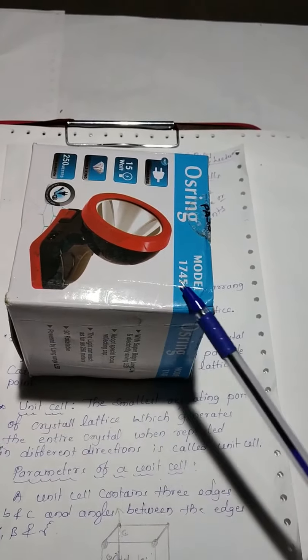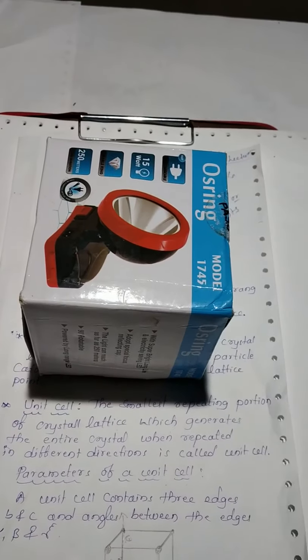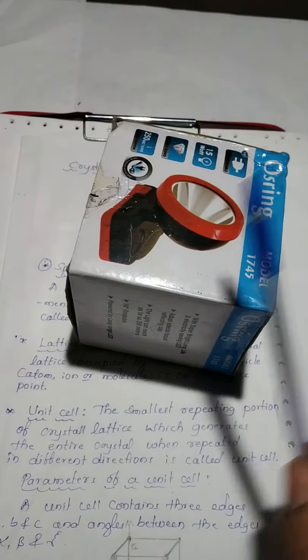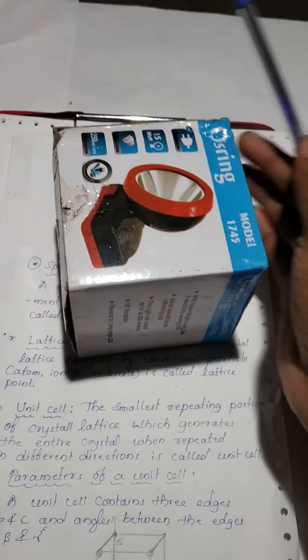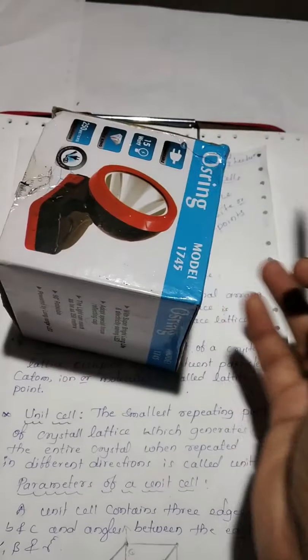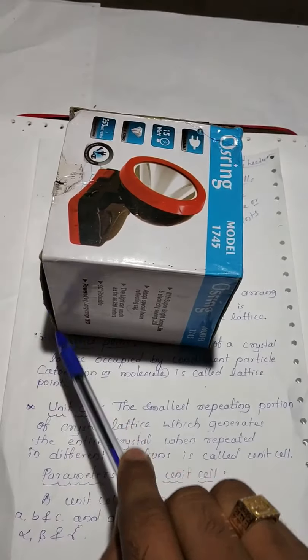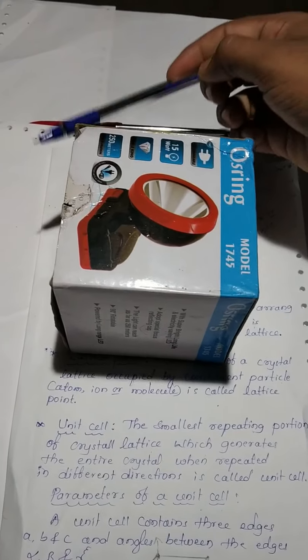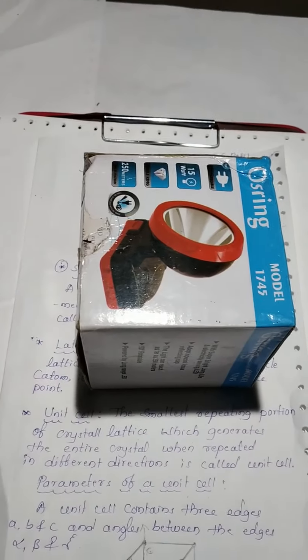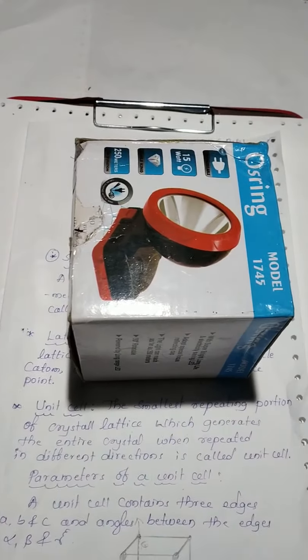So how many edges are there here? 1, 2, 3, 4 above, and what about below? 1, 2, 3, 4. So 4 plus 4, 8, plus the side edges 1, 2, 3, 4. Total 12 edges are there.